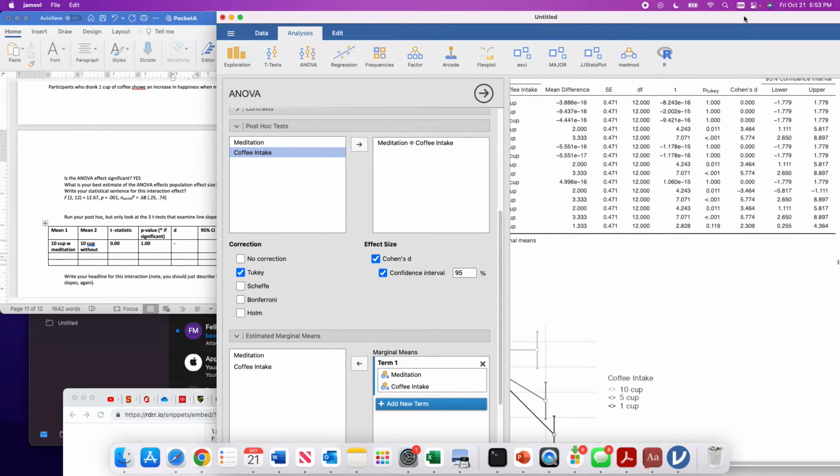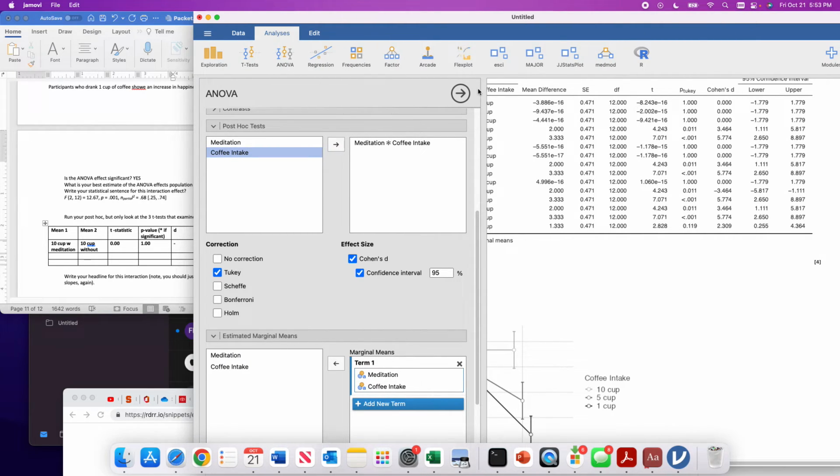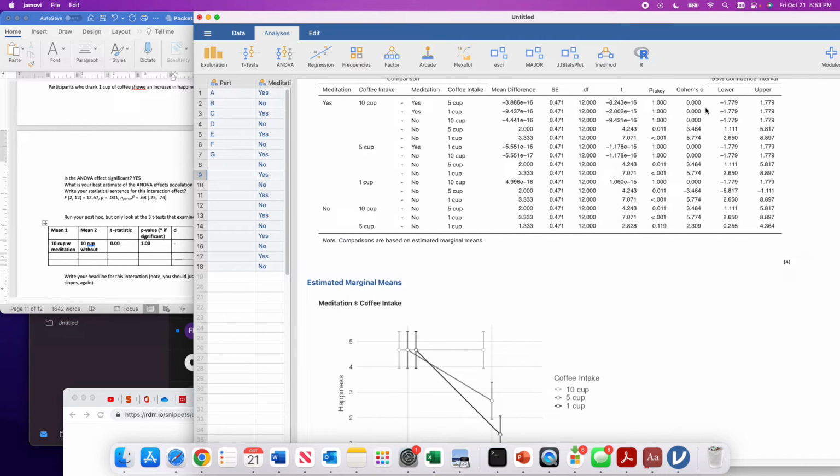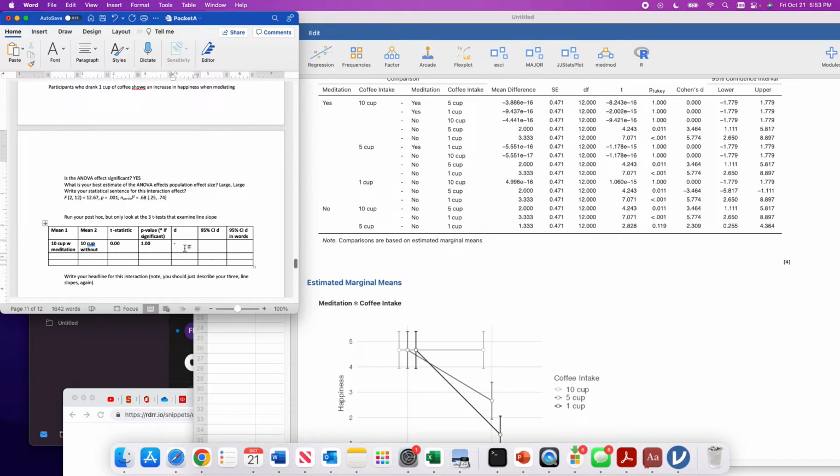Can pull it over so we can see it. We're right here. That's a 0 Cohen's d and negative 1.78 and positive 1.78. You know, nothing there. That is negative large to positive large.